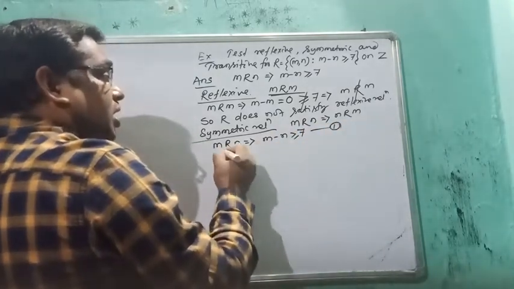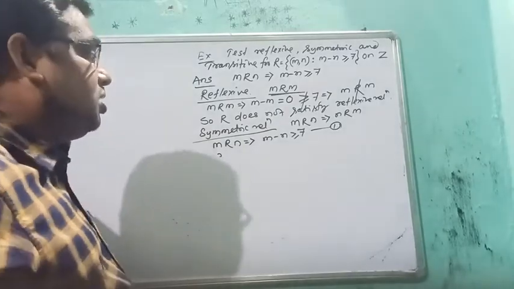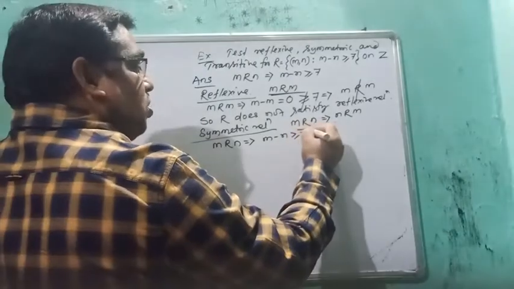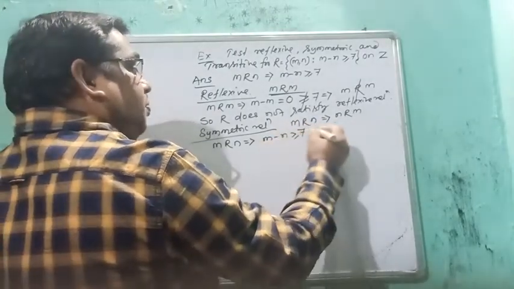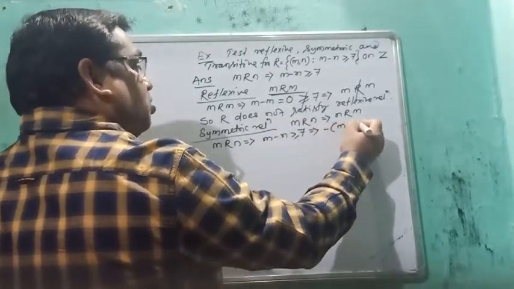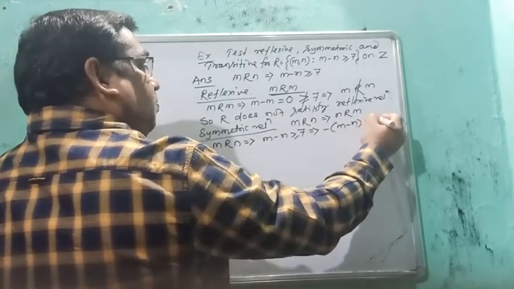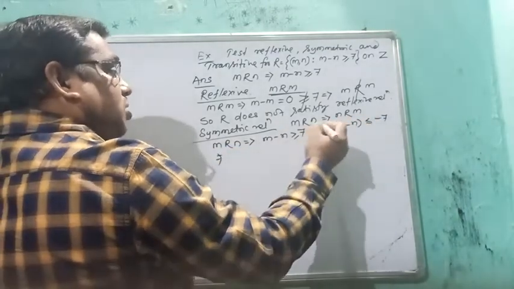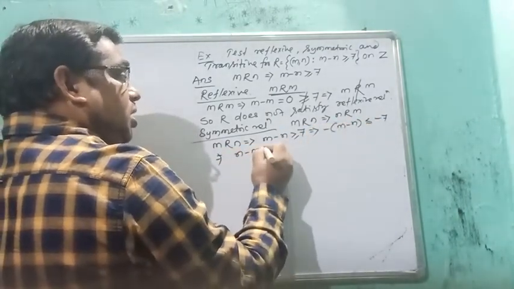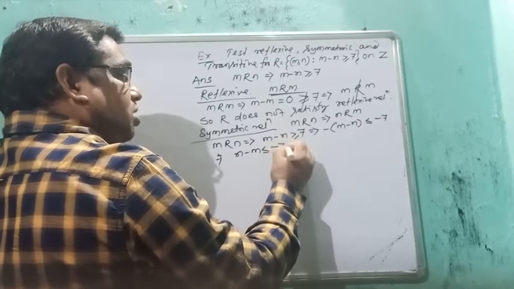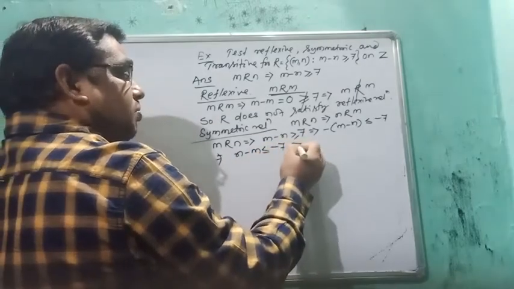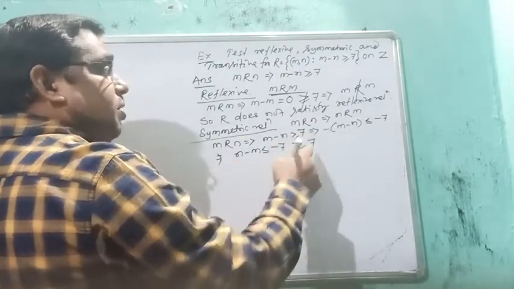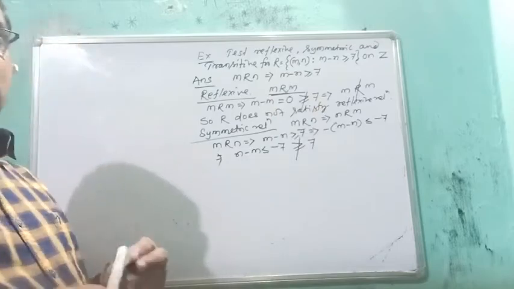Again, n is in relation to m. Now write equation 1: m minus n is greater than or equal to 7. Then multiply by minus on both sides. Minus of m minus n, the sign will be changed, so minus 7. Then minus of m minus n means n minus m is less than or equal to minus 7, which is not greater than or equal to 7, because our relation requires greater than or equal to 7.